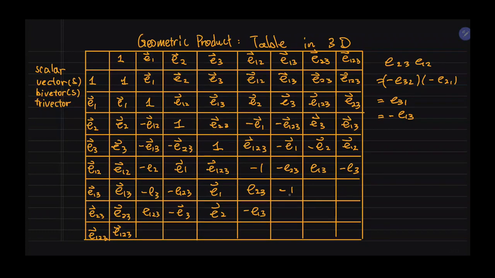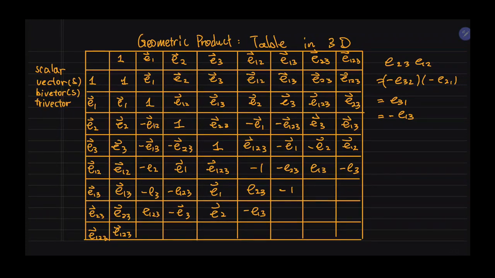You can see that we still have some of them to calculate, but you can kind of see the pattern. You see that this diagonal, the scalar-to-vector product, is symmetric: E1 E1, E2 E2, E3 E3. For the vector-to-vector products, they are anti-symmetric.